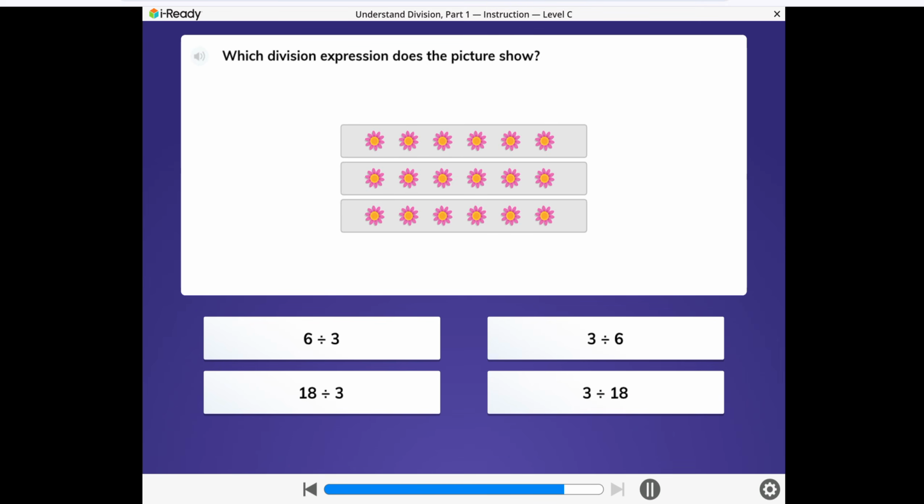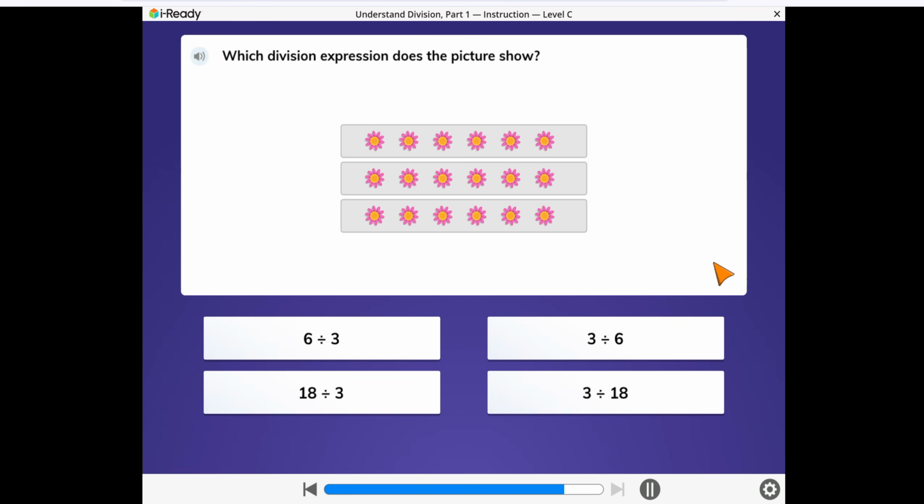Which division expression does the picture show? What expression does this show, guys? It's your turn. Count all of them together. Only count these 3 boxes. 1, 2, 3.